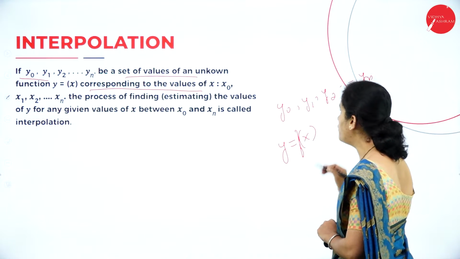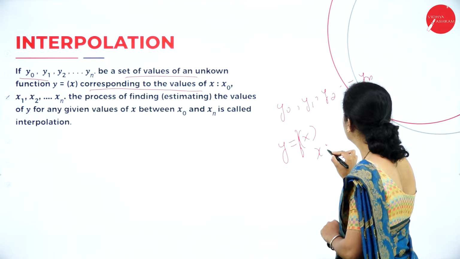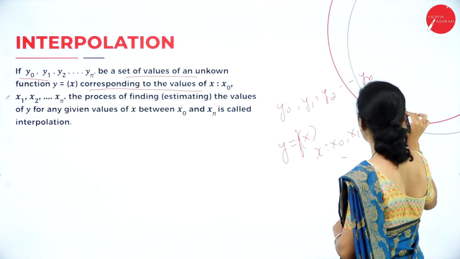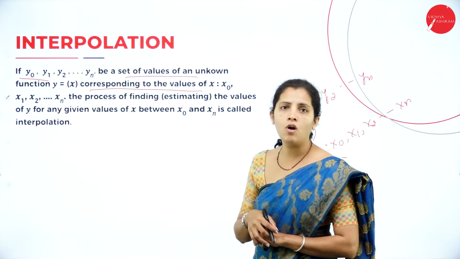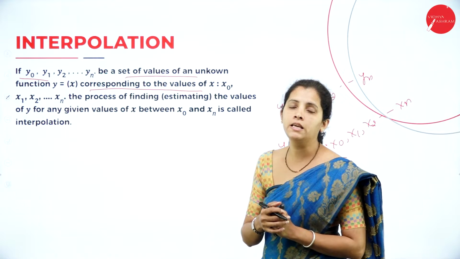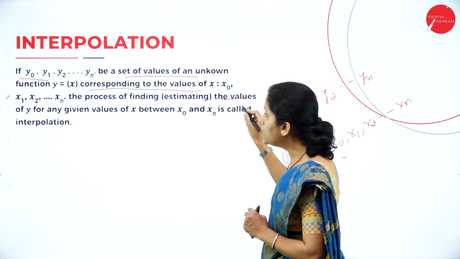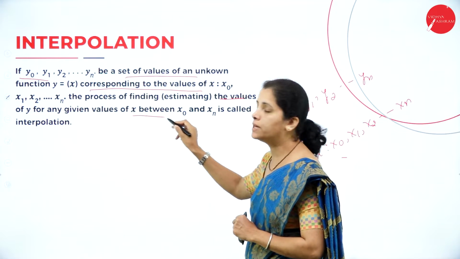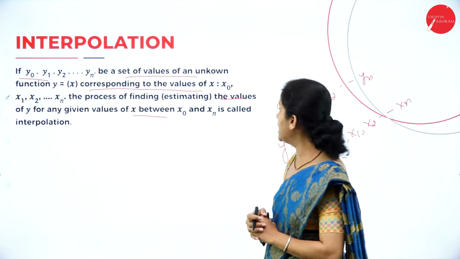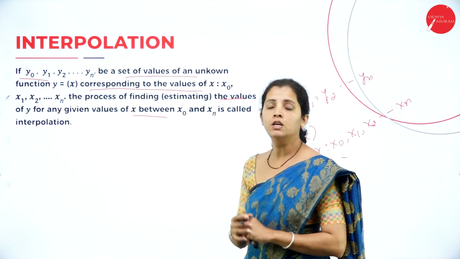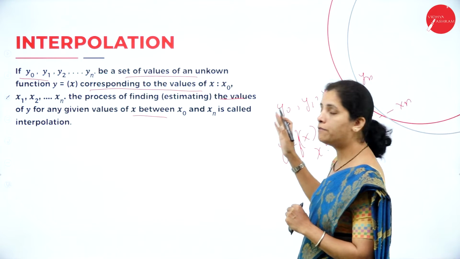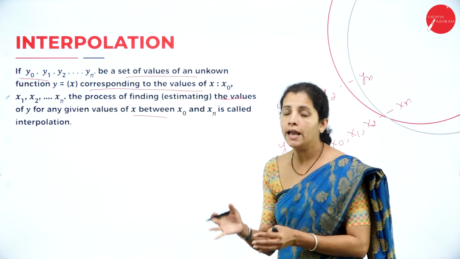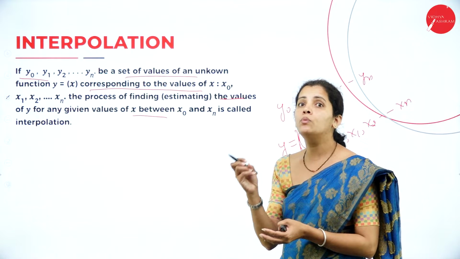So here f of x ranges from x0, x1, x2 up to xn. The process of finding, that is nothing but estimating the values of y for any given values of x between x0 to xn is called interpolation. So dear student, here I am going to have the y values, that is nothing but y0 to yn. Those are the unknown values.